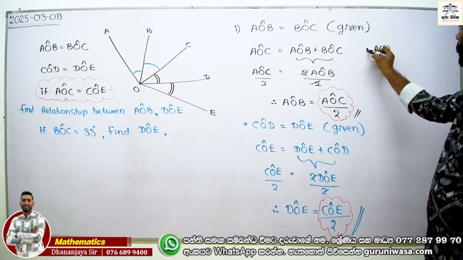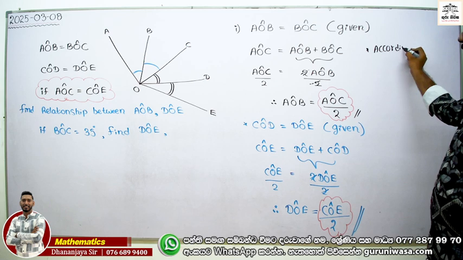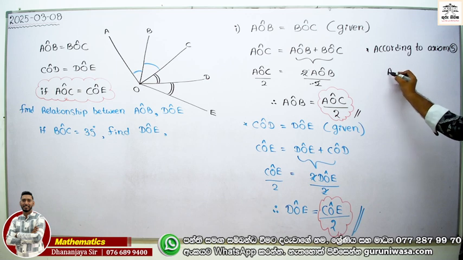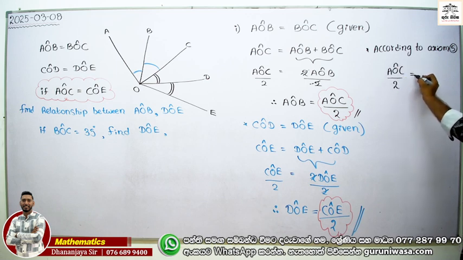According to axiom number 5, AOC divided by 2 should be equal to COE divided by 2.